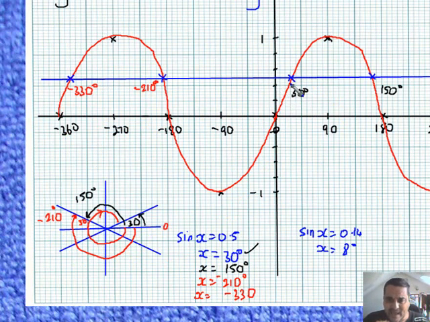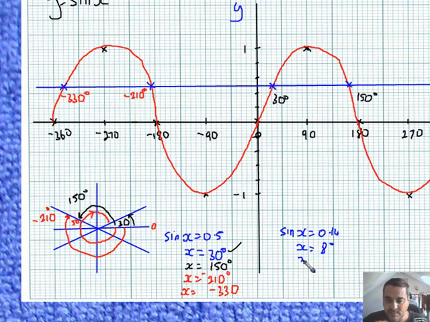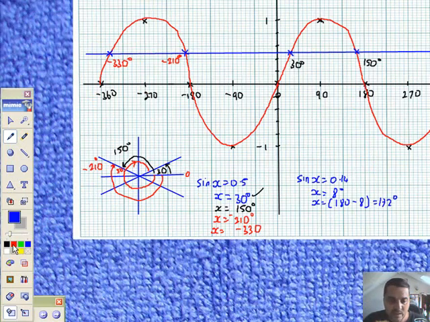So if this is 8 degrees here, then my next solution is going to be 180 take away that 8, isn't it? So instead of playing with 30s, I'm playing with 8s. So my next one's going to be 180 take away the 8, which is 172 degrees. All right, two positive solutions. Now I'll do my negative ones.